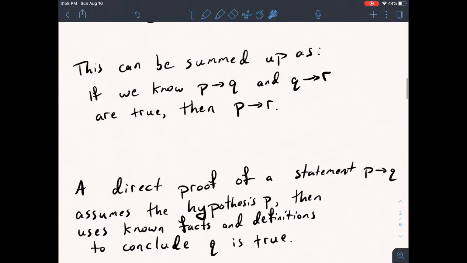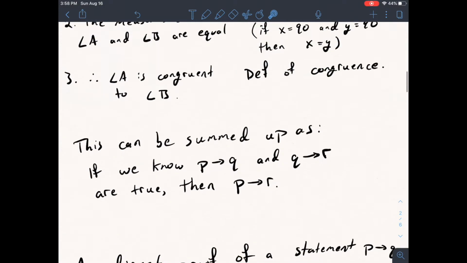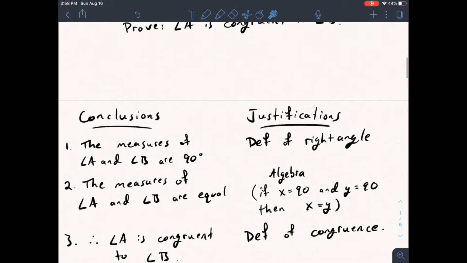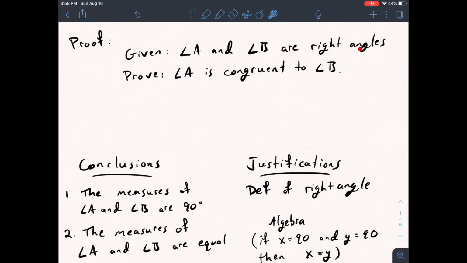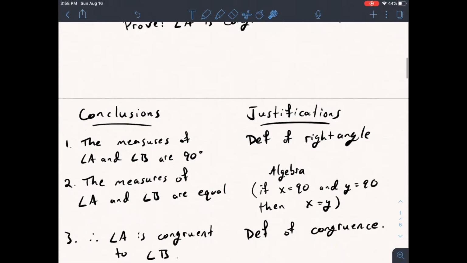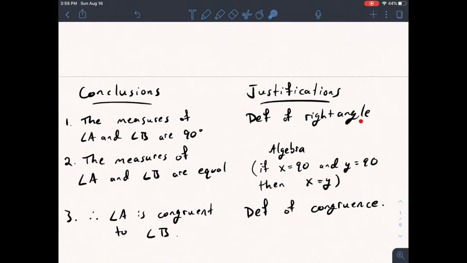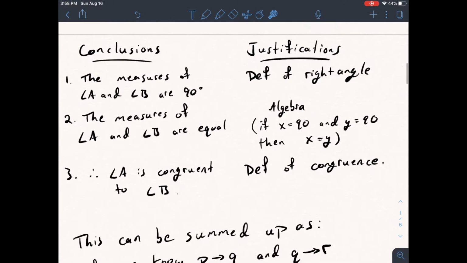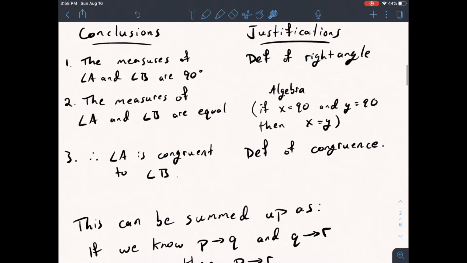We assumed the hypothesis and then used known facts and definitions to come to our conclusion, right? We assumed angle A and angle B are right angles, and then we used the definition of a right angle, definition of congruence, and some basic algebra. That would be like our other basic facts to get to our conclusion.